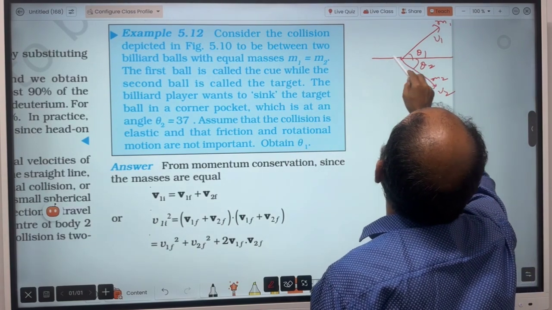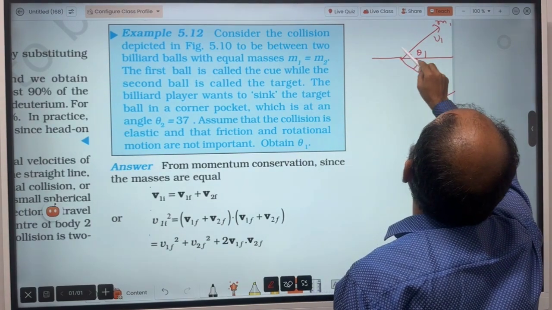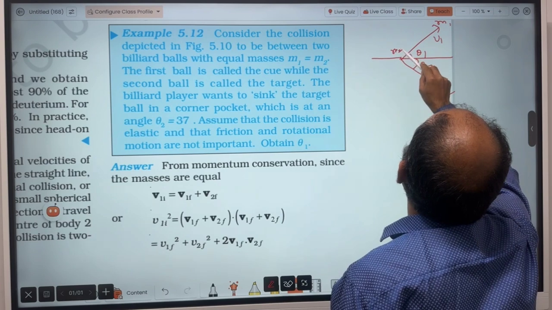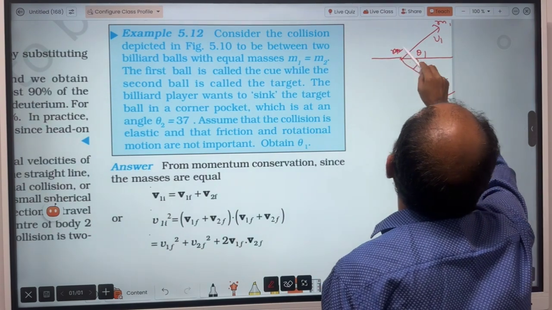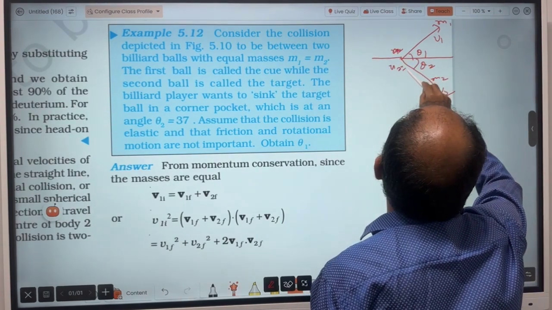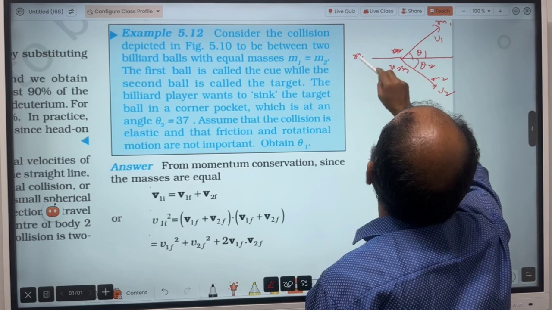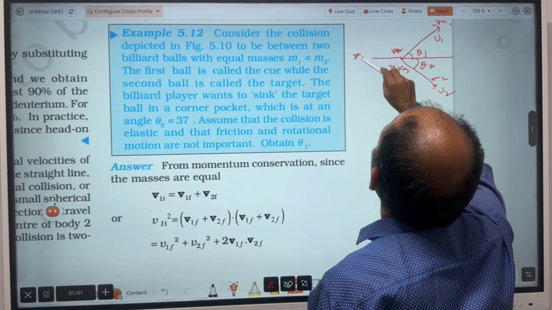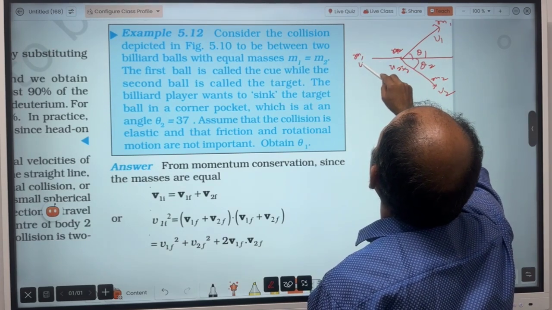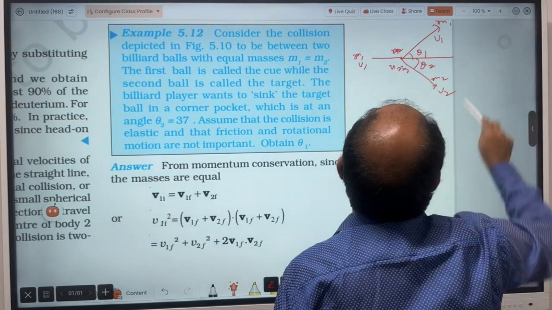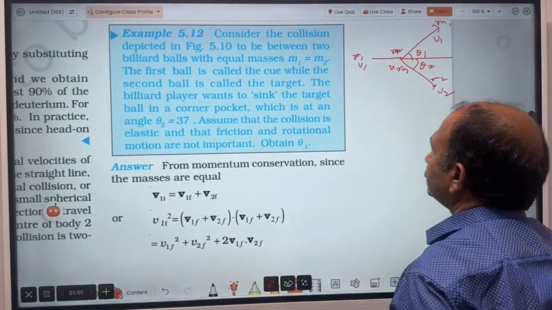What is happening here is that there was a particle with mass m2 and velocity u2 as 0, and another particle with mass m1 and velocity u1, and after collision they moved like this.